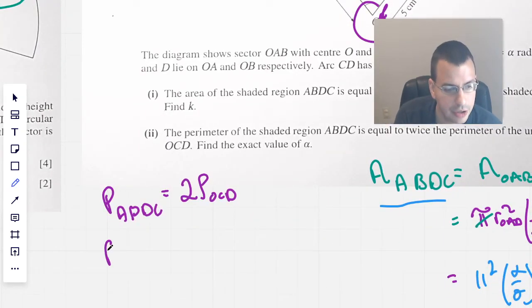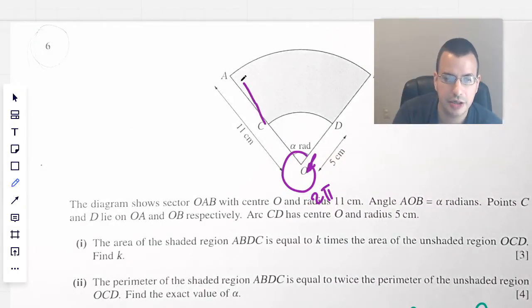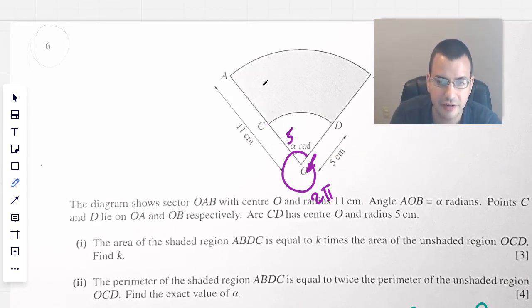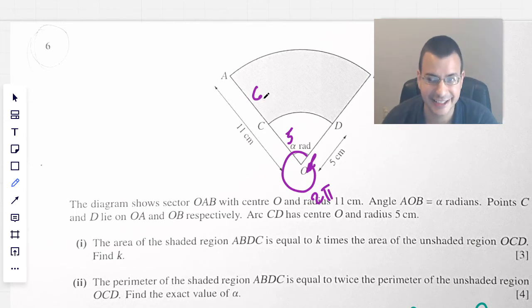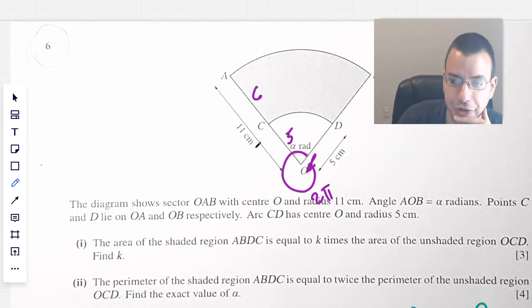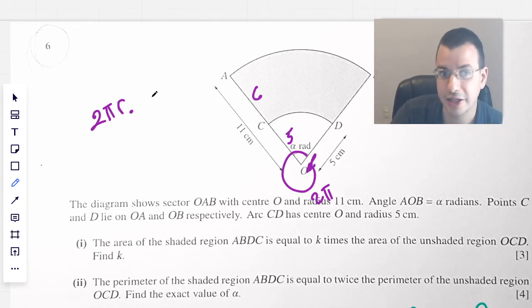So perimeter ABDC will just be this loop right here. We know this part here is 5, this part there is 6, and we'll find this arc length by finding it as a ratio of the full circle. The perimeter of a circle is 2 pi r, and we compare that as a ratio to the full circle.